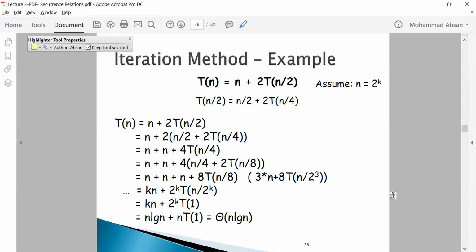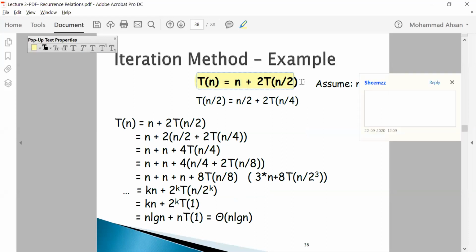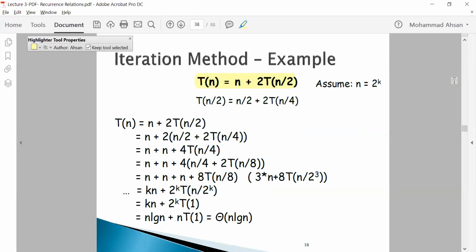Now this is a similar example with the difference that you have n instead of c. Okay, let me do it on the whiteboard. It'll be easier to understand.